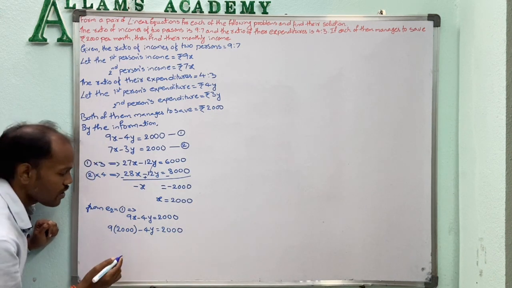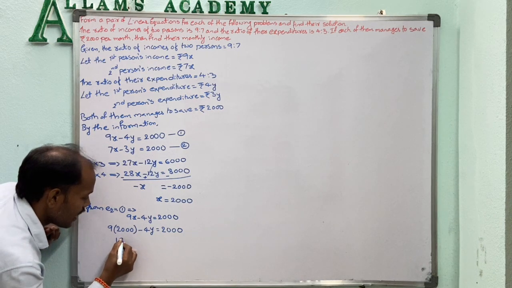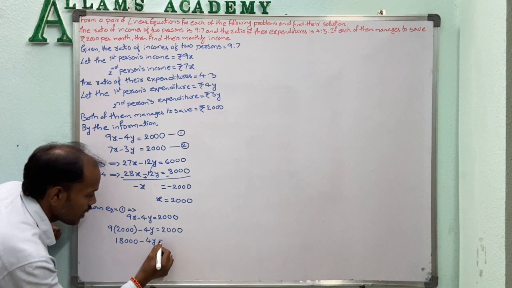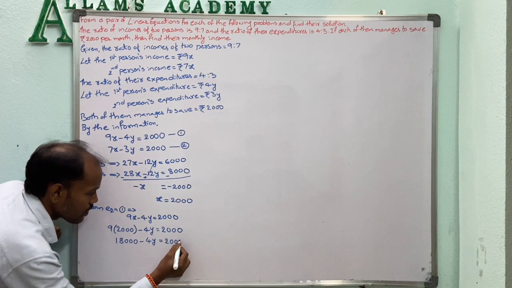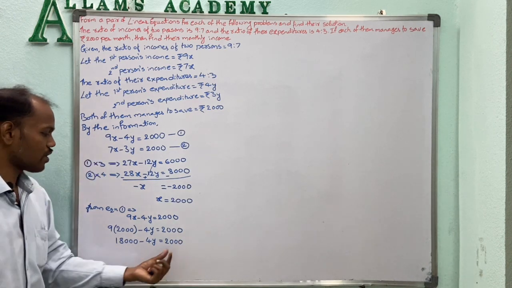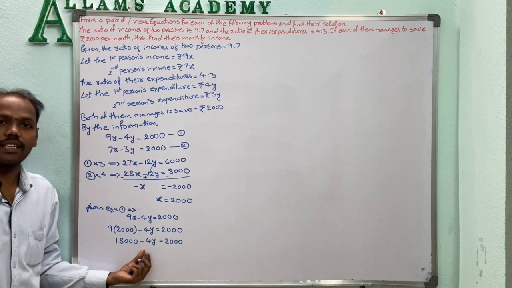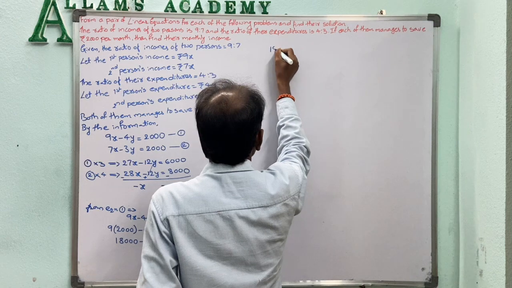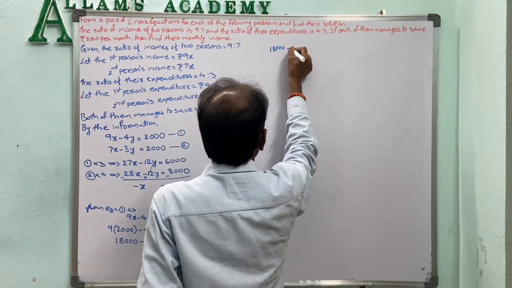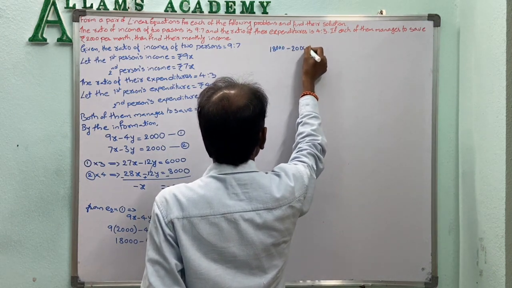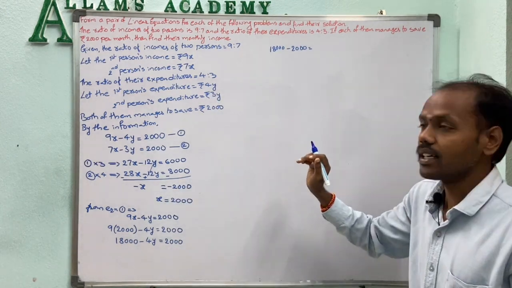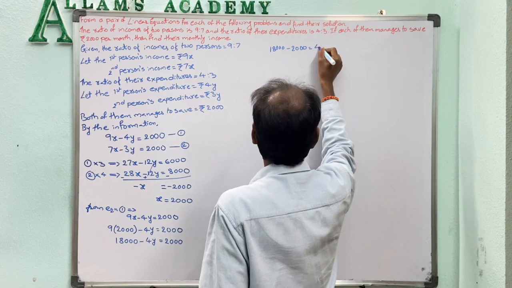9 2s 18, so 18,000 minus 4y equal to 2000. Now plus 2000 transfers to this side as minus 2000. So 18,000 minus 2000 equal to minus 4y, which transfers to this side as plus 4y.